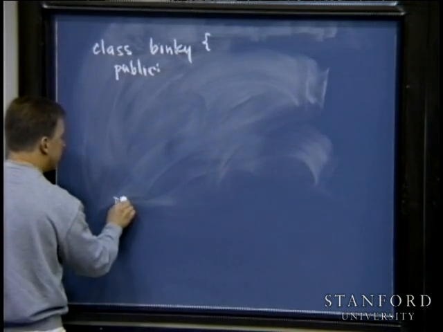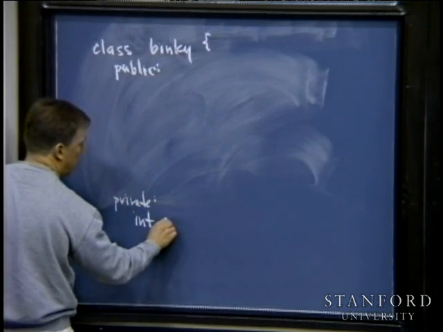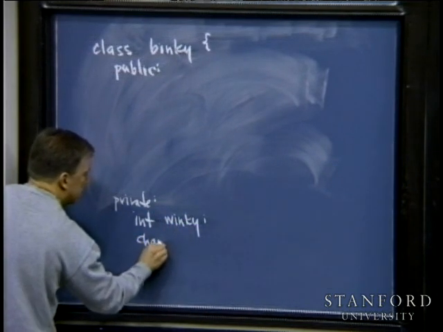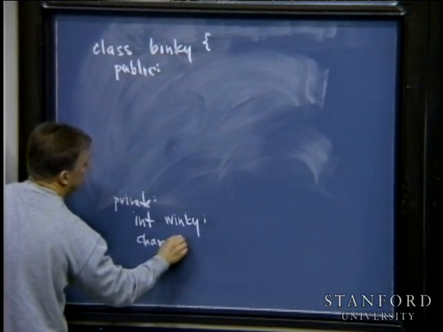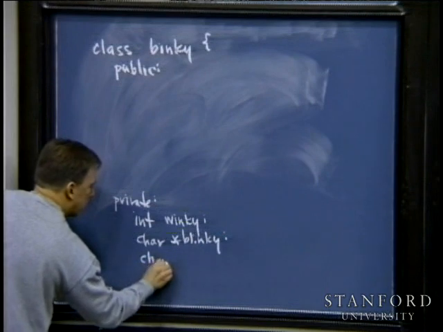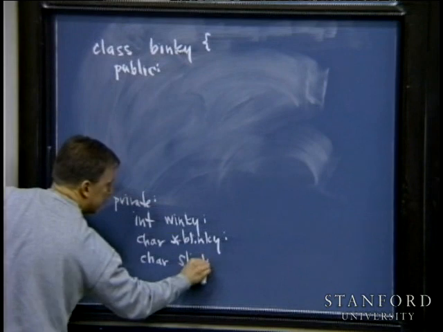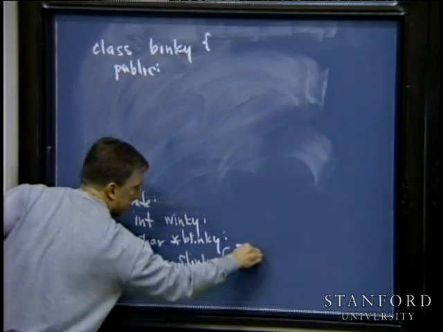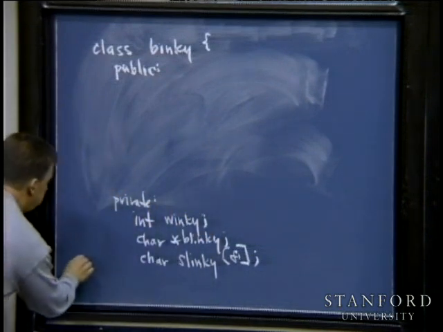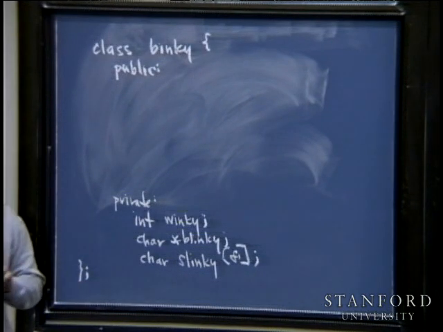And then privately, let's say that I have an int called Winky, a char star called Blinky, and a wedged character array of size 8 called Slinky. And that is it. Those are the only data fields I put inside.